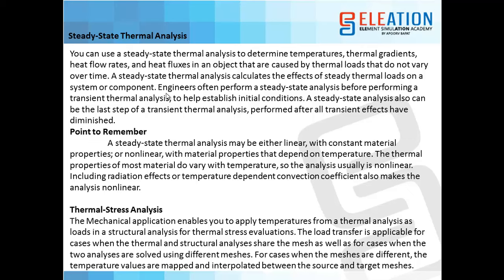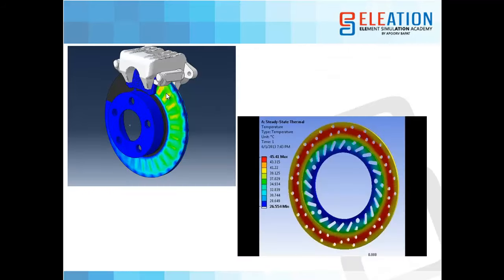So it calculates automatically. But it is suggested that you should have a common mesh where the two components are in contact, so that the transition of the temperature is smooth and you get better results.